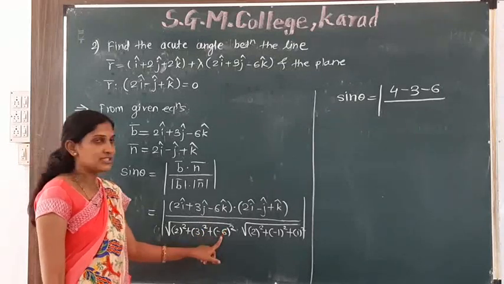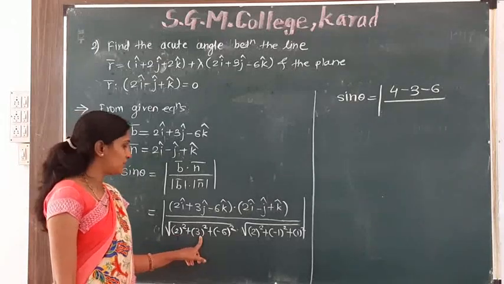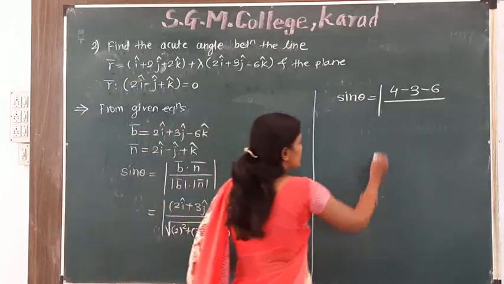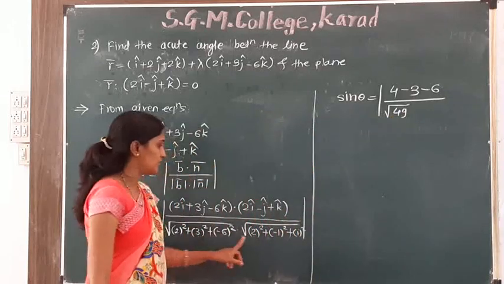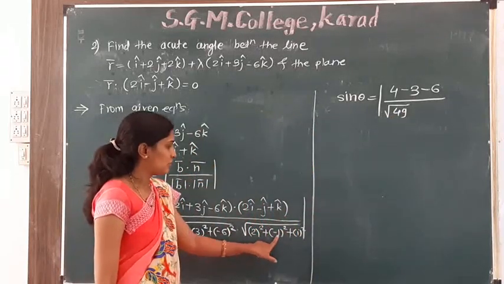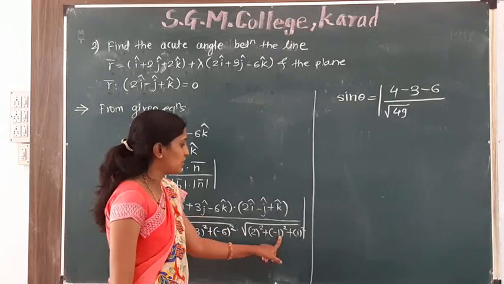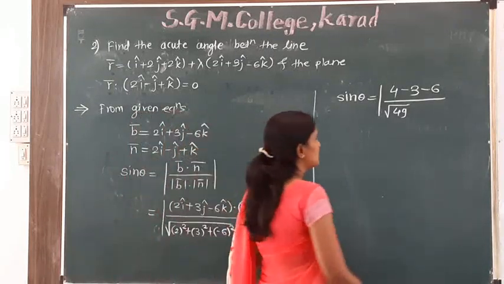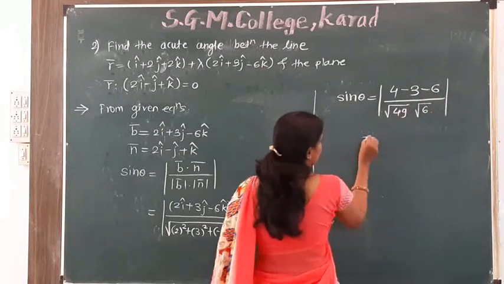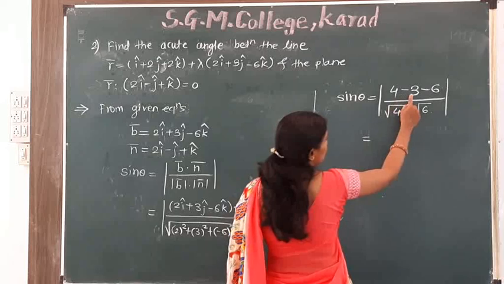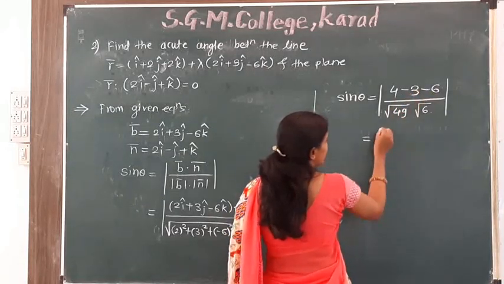And 6 square, which is 36. 36 plus 4, 40. 40 plus 9, 49. So root of 49. Here 2 square is 4, 1 square is 1, and there is 1. 4 plus 1 plus 1, which is root 6, which is equal to 4 minus 3 is 1 and 1 minus 6, which is minus 5.